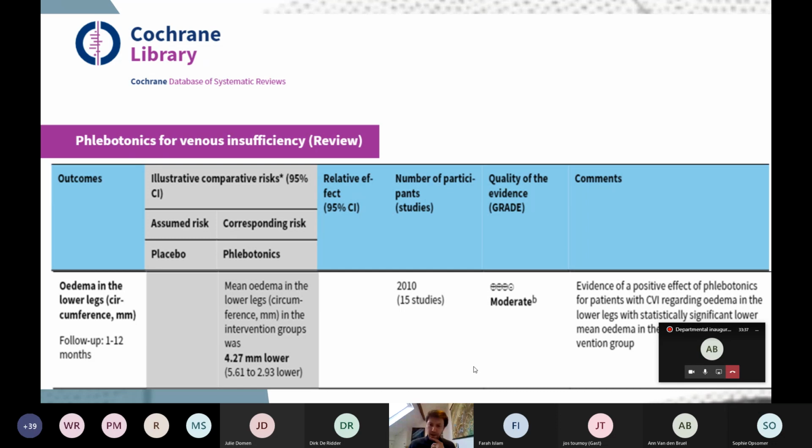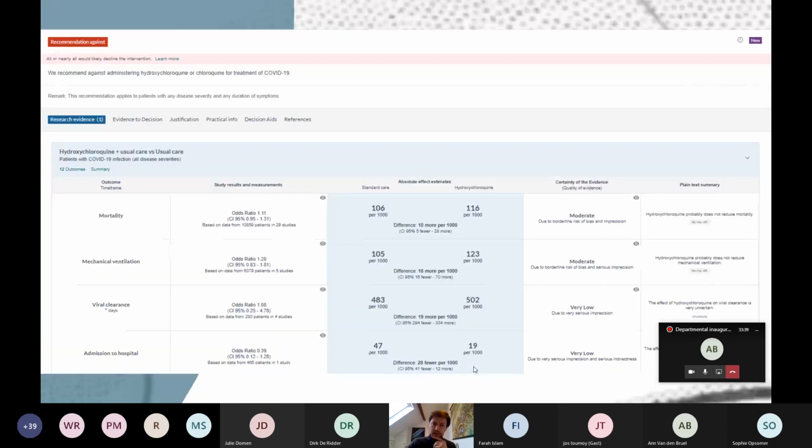In addition, I think we also need to be able to tell patients, and this is an example from the recent WHO guideline on COVID-19 drug treatments, we need to be able to show clinicians information on those outcomes which patients actually consider to be important.